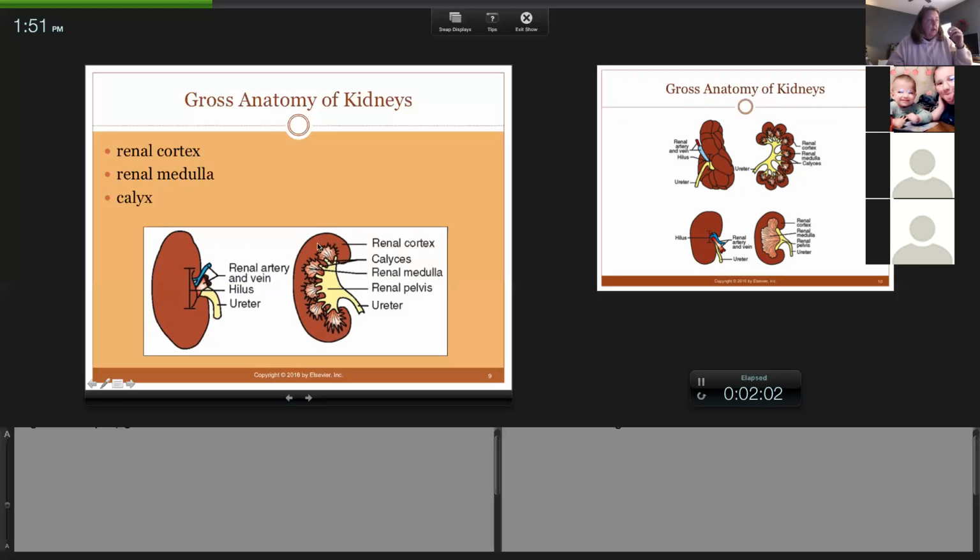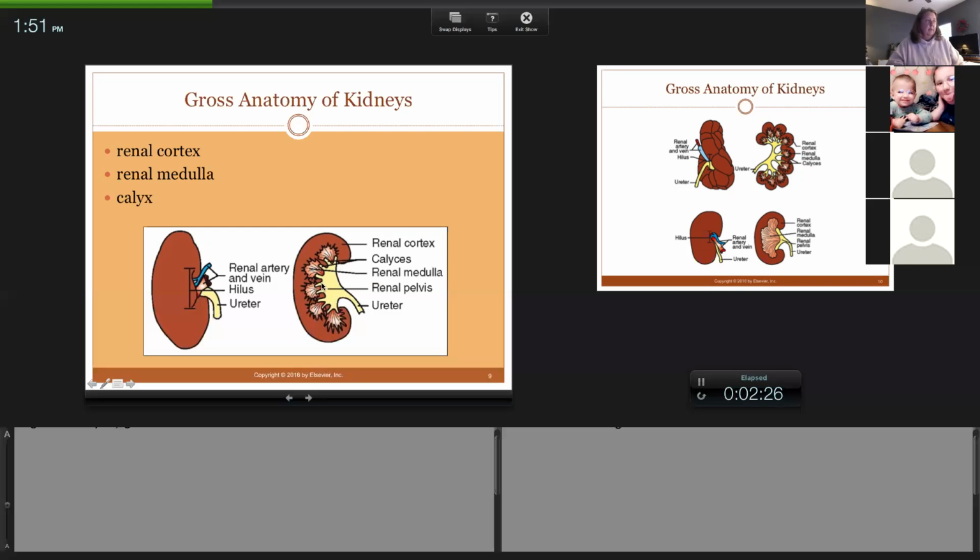The urine then funnels into these calyces, and all these calyces enter what's called the renal pelvis, which is like a V. So the urine goes through the calyce and into the pelvis, which connects to the ureter. And then that ureter goes to the bladder.